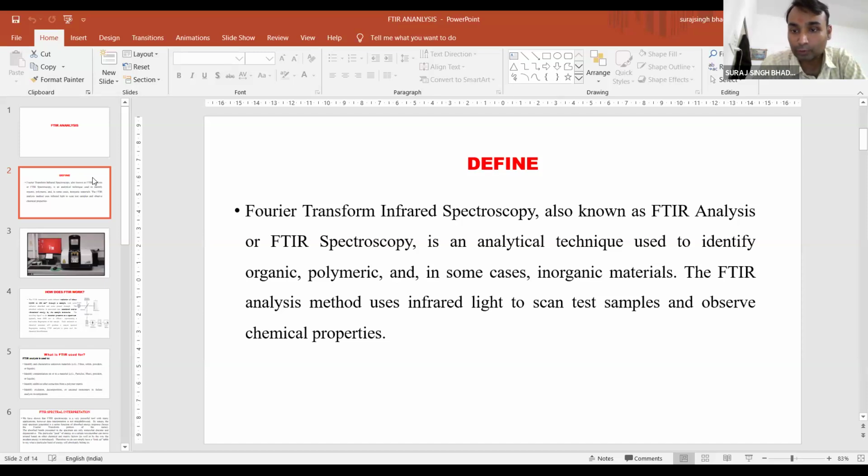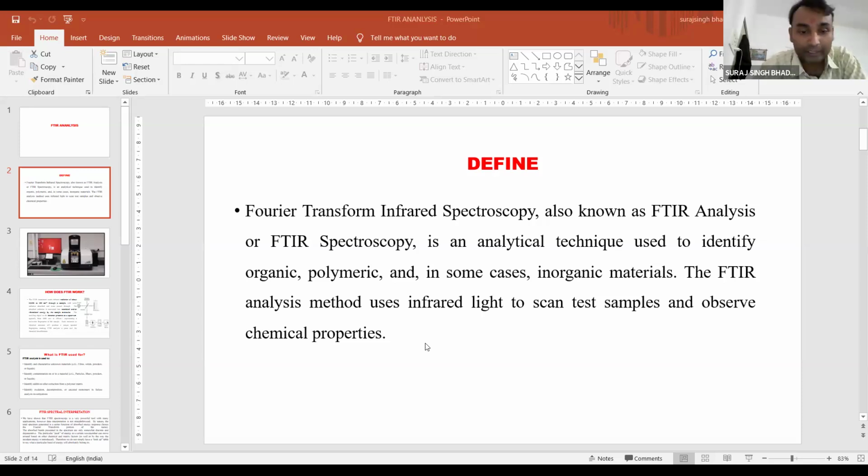So what is it? Basically, FTIR is a spectroscopy used as an analytical procedure, and this type of analytical procedure is generally used to determine various organic, polymeric, and some other inorganic materials which are present in our drug substances or the remedy or the raw material.